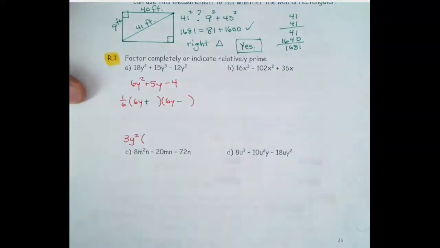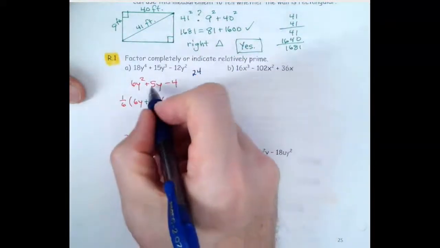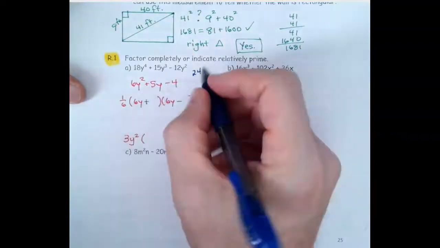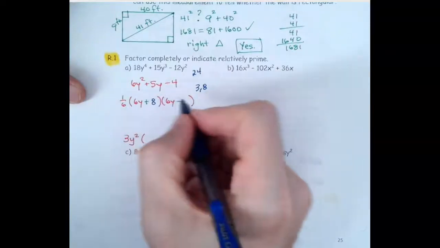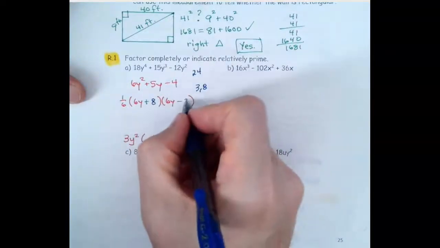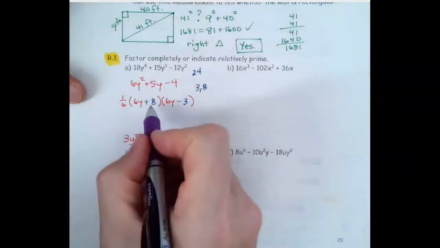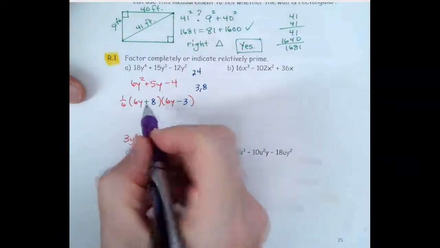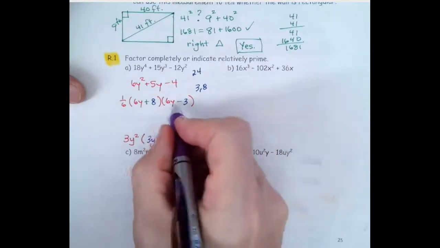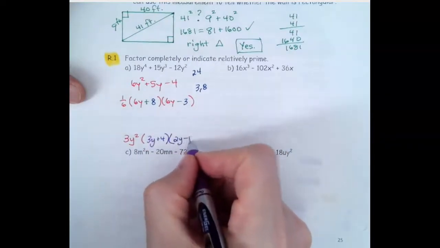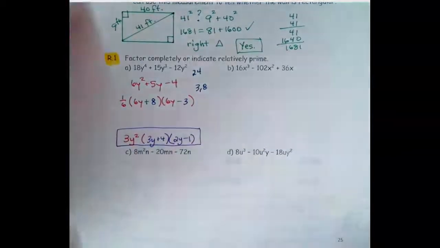And then a times c is going to be 24, so I need factors of 24 that subtract to give 5, so hopefully 3 and 8, that's a positive, so that's going to be 8, and this is going to be 3. So finishing that up, we can divide this by 2, so that'll be 3y plus 4, and we can divide this by 3, that's going to be 2y minus 1. So that's what we'll get there.